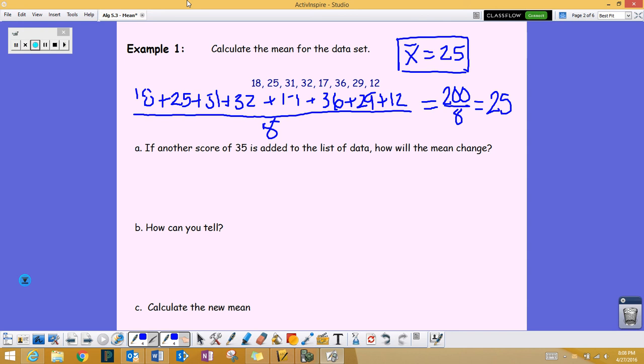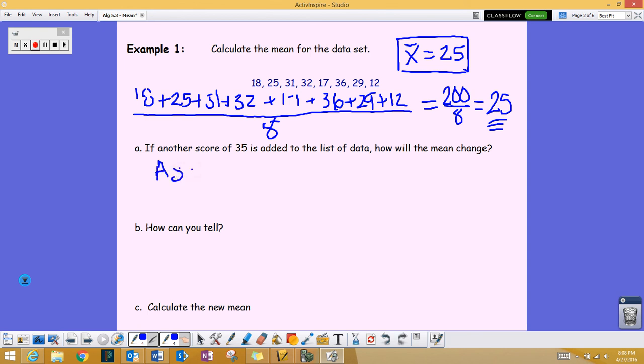So overall, we could calculate this out and figure out what exactly will happen when we add 35 to this data set. But since 35 is larger than the mean that we just found, which is 25, we know that adding 35 will raise the mean.